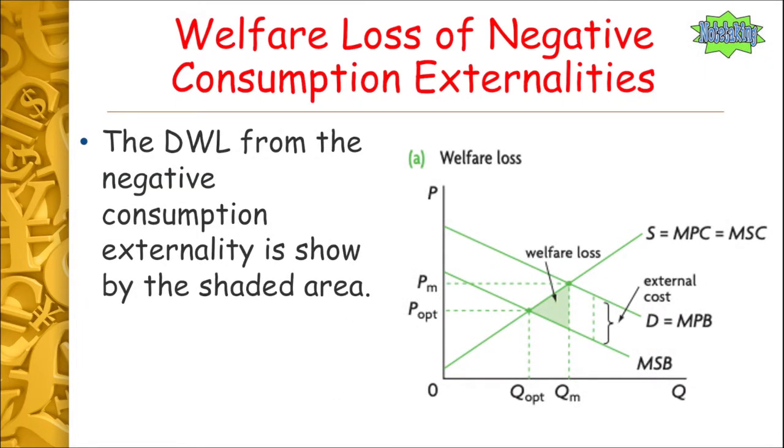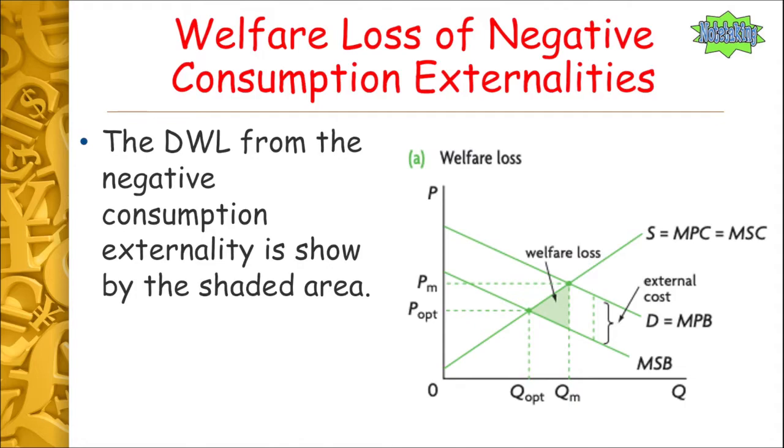So in our negative consumption externalities, as discussed in the last video, we have a situation of an external cost created from a cigarette smoker, which was our example, and they derive a marginal private benefit, but there's a negative social benefit as a result of that. Okay, the deadweight loss from the consumption externality is shown in the shaded area there.